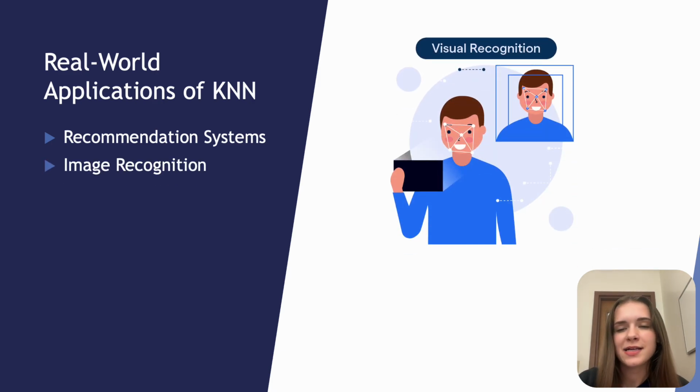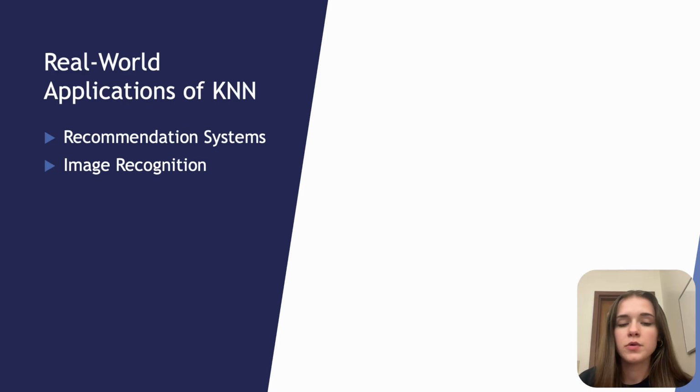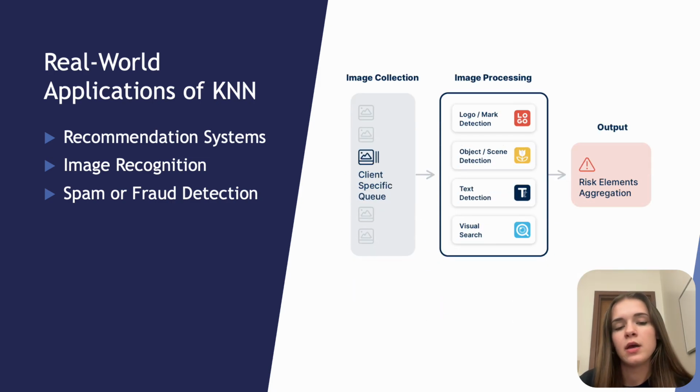So KNN can classify images based on features like color, shape, texture, and is used in facial recognition, like searching your photo app for pictures of you, and it can also be used for classifying handwritten digits and letters and things like that.